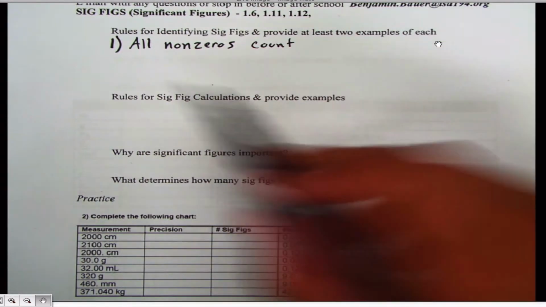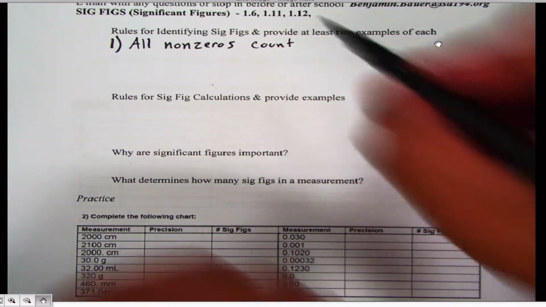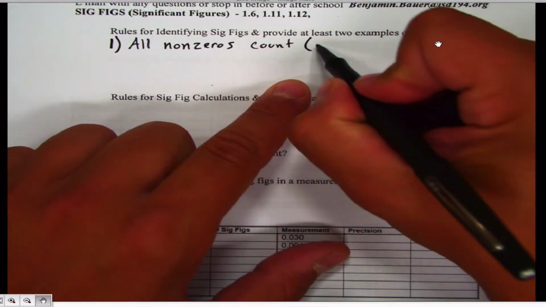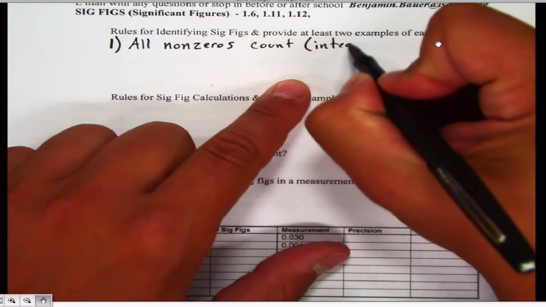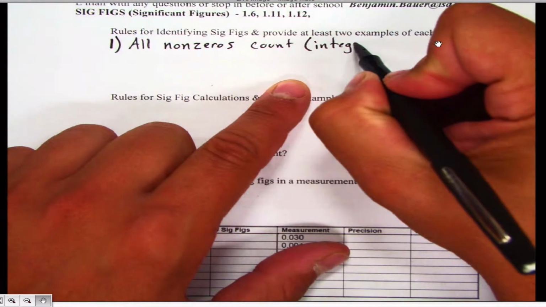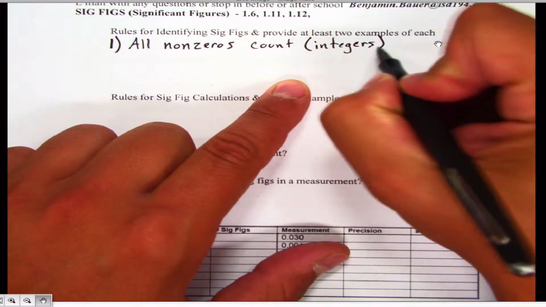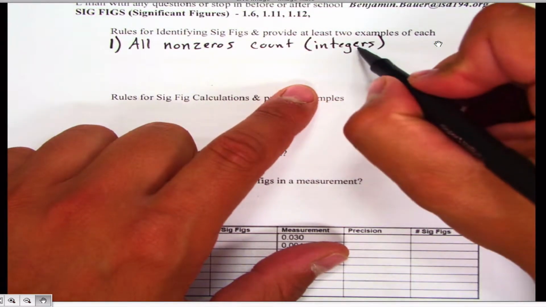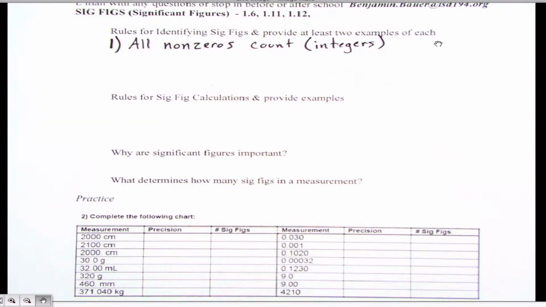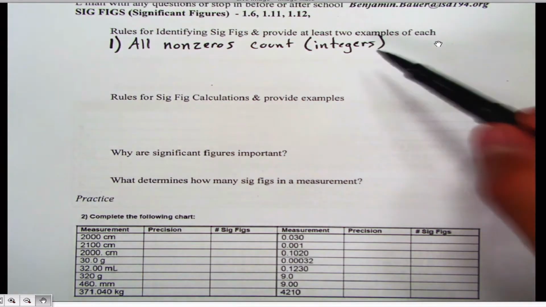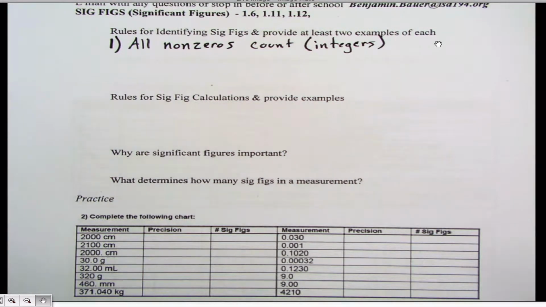I believe non-zeros are called integers. So all integers count. So basically 1, 2, 3, 4, 5, 6, 7, 8, 9. All those numbers count. All non-zeros count.